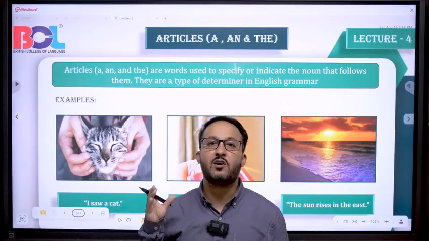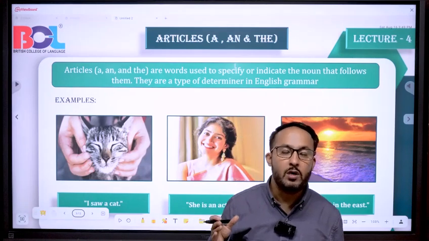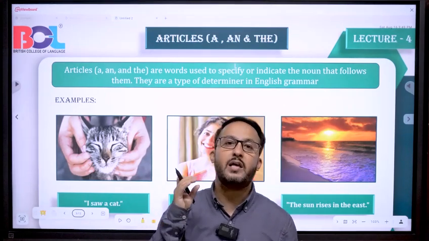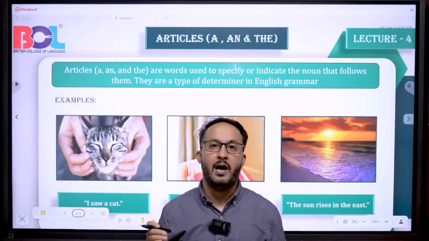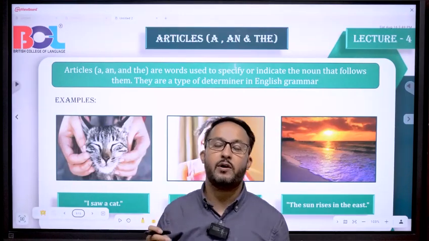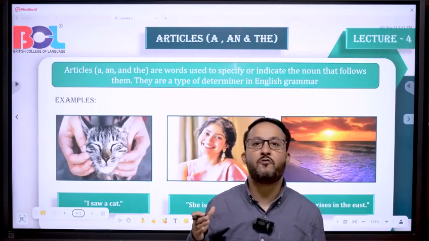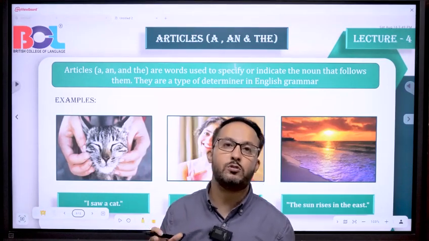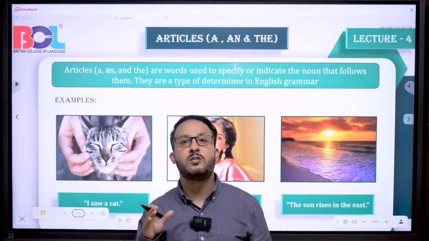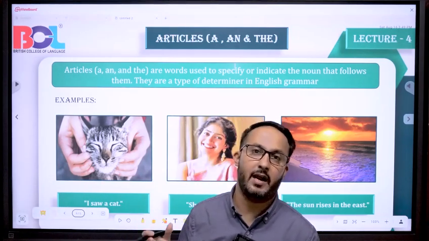And if any word starts with a consonant, that is, any alphabet apart from the vowels, we always use a before that.